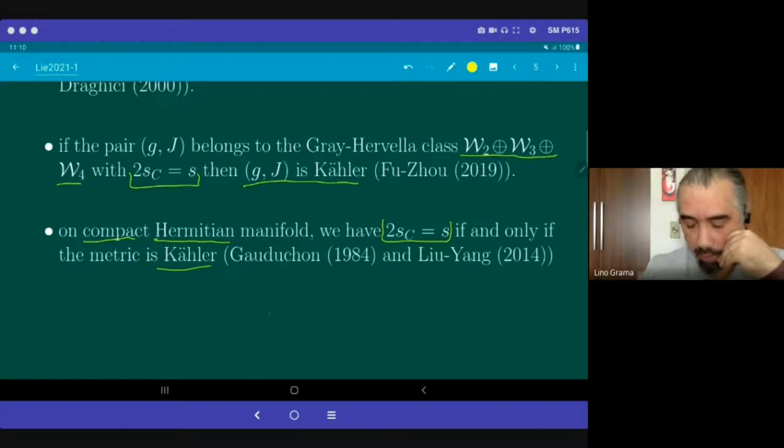Okay. This goes back to Gauduchon. Gauduchon studied a lot of these curvature properties of the linear connection with torsion, etc. And Liu and Yang in 2014.